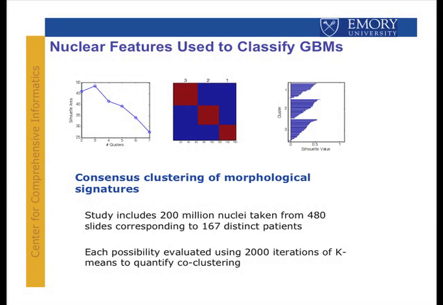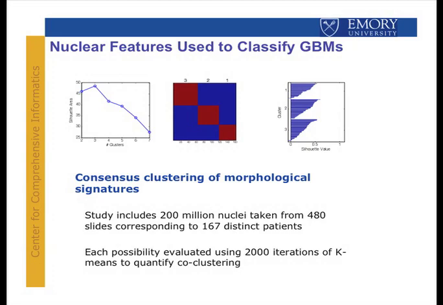So in other words, if you look at the population of nuclei in patients, there are substantial differences between classes of GBMs that are distinguishable, reasonably well separated, and do appear to have some significance.